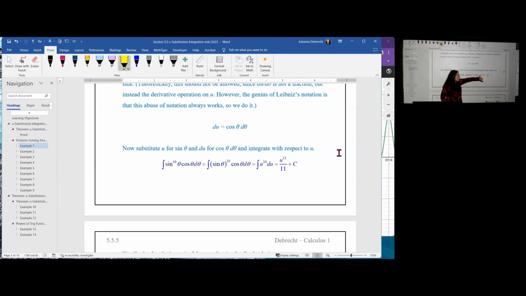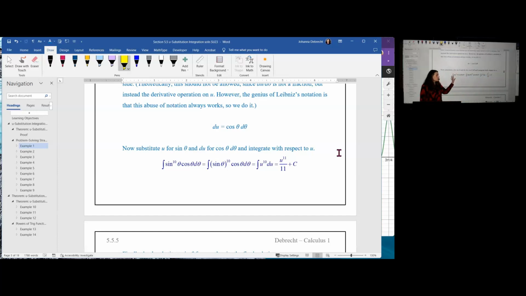This gives me an indefinite integral in terms of u and u only, which means I can integrate using the normal rules: sum and difference rule, the constant rule, and the power rule for integrals. I add 1 to the power to get 11, divide by the new power, and add the constant of integration.